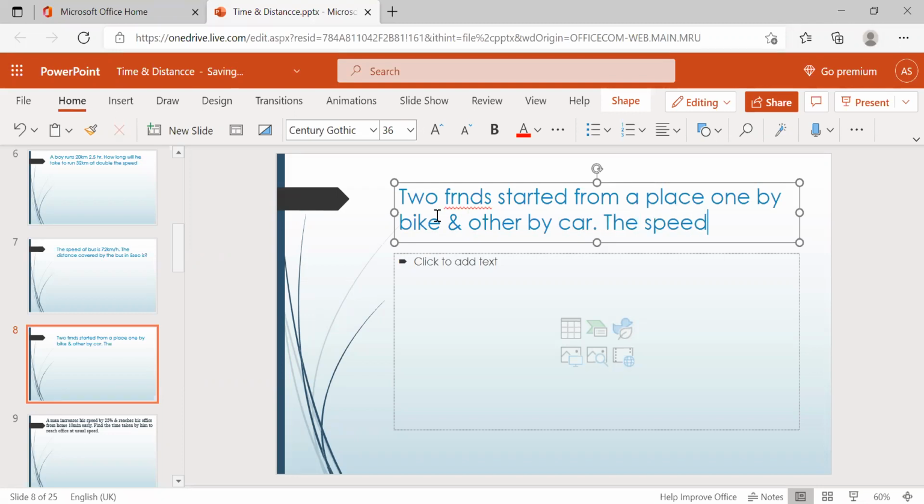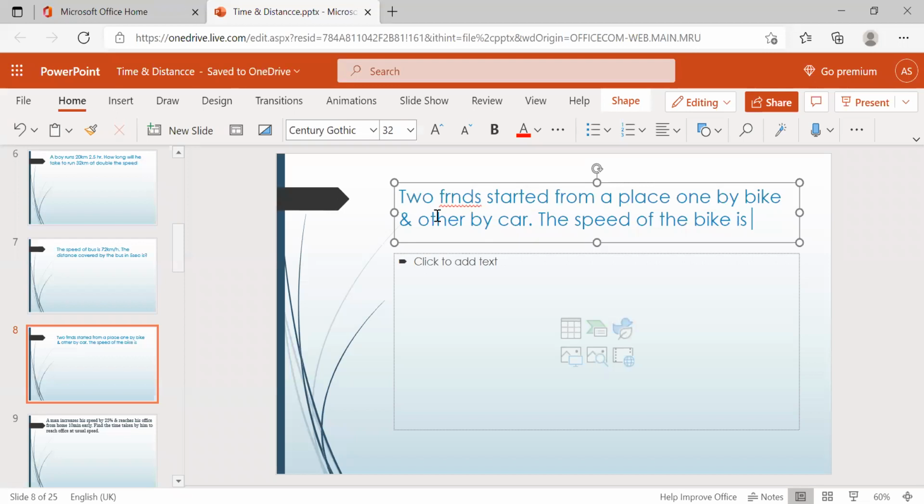The speed of the bike is 30 km/h and the car is 36 km/h.